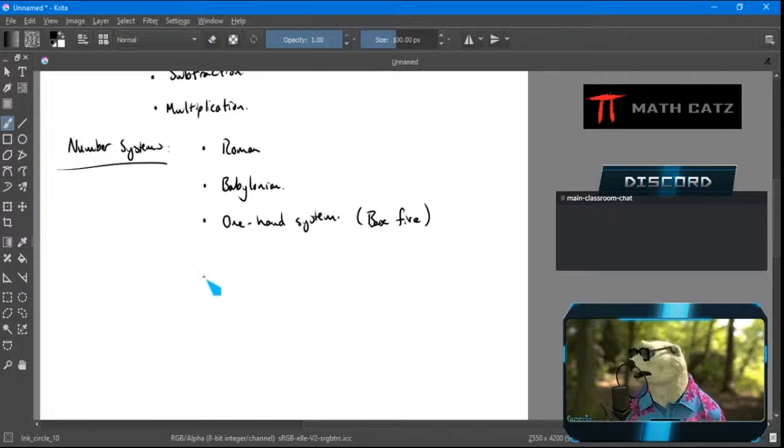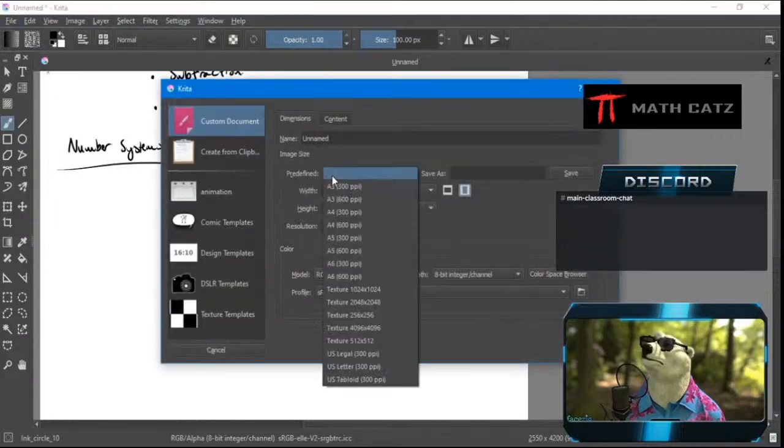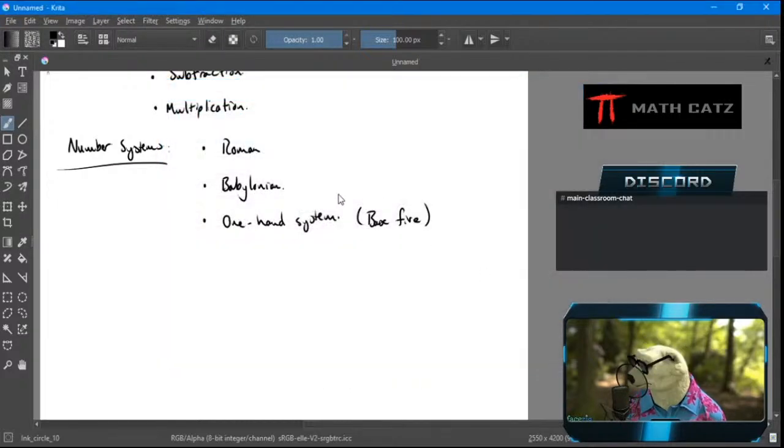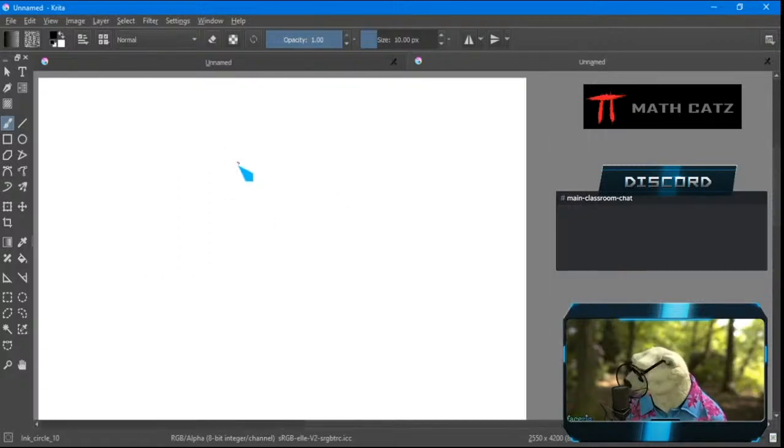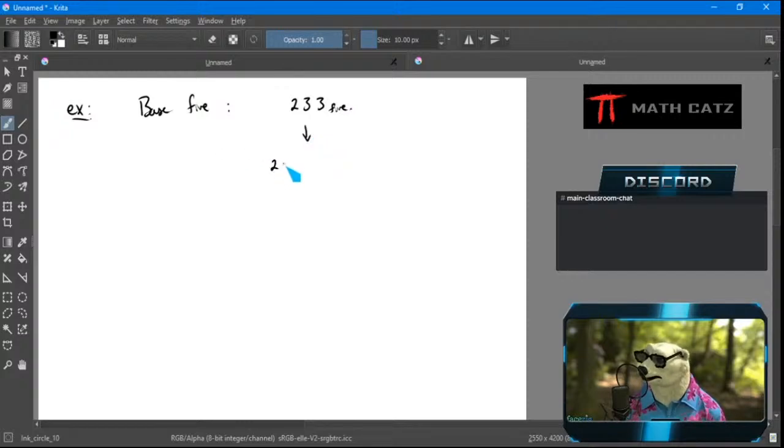So when we look at an example of where we left off last time, we, for example, have a base 5 number like maybe 2, 3, 3 base 5, and that then converts to 2 groups of 25 plus 3 groups of 5 plus 3 ones left over.